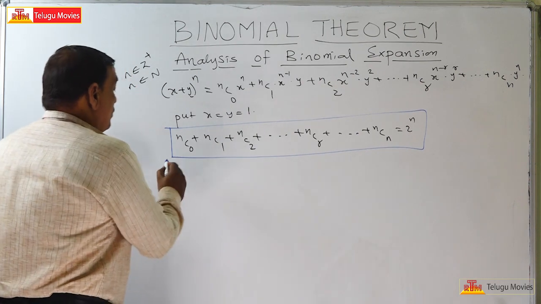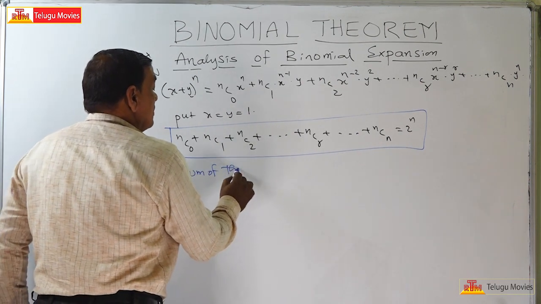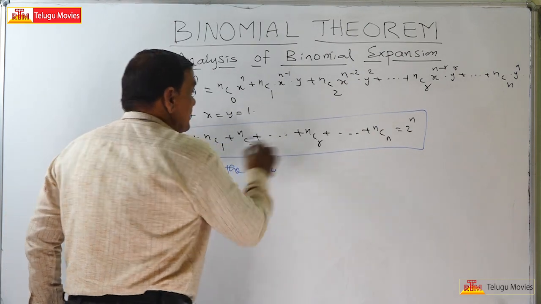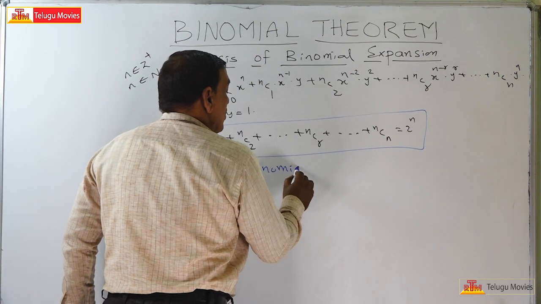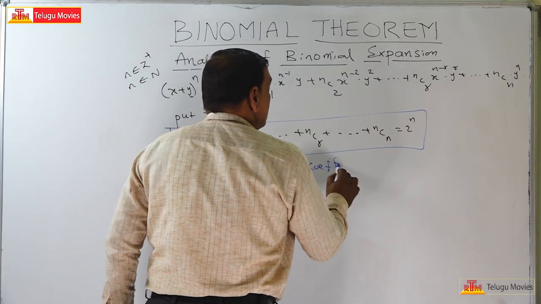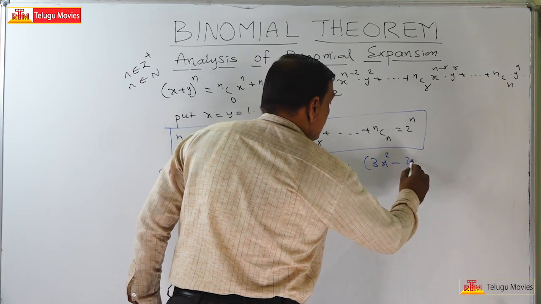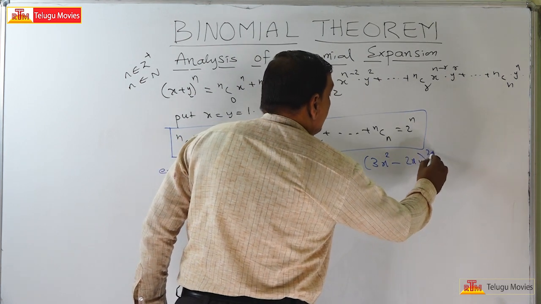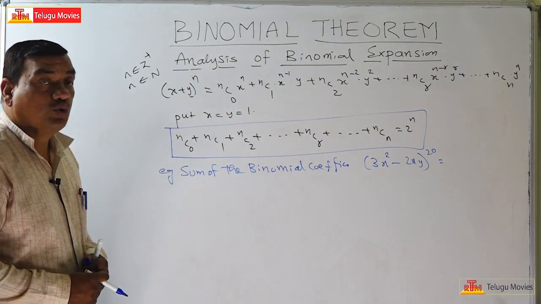For example, what is the sum of the binomial coefficients? See here, this is called binomial coefficients. In the expansion of (3x^2 minus 2xy) whole to the power of 20, there are 21 terms.